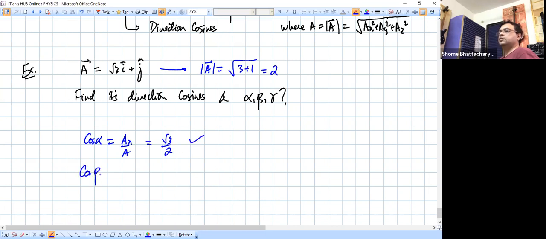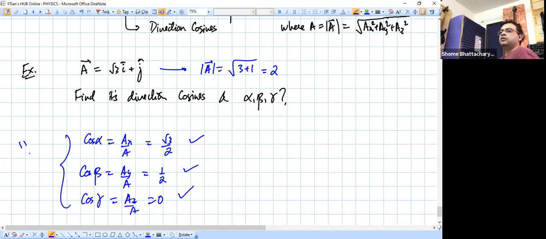Cos beta is 1 by 2, and cos gamma, az is 0, so that is 0. These are the direction cosines. This is the answer to the first part: the direction cosines are collectively the three things, cos alpha, cos beta and cos gamma.